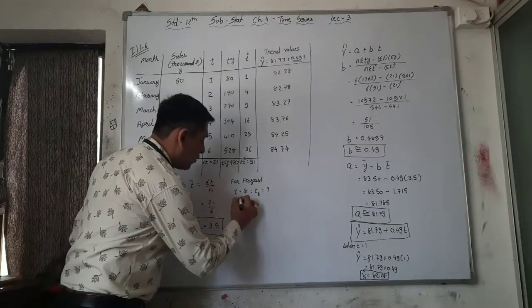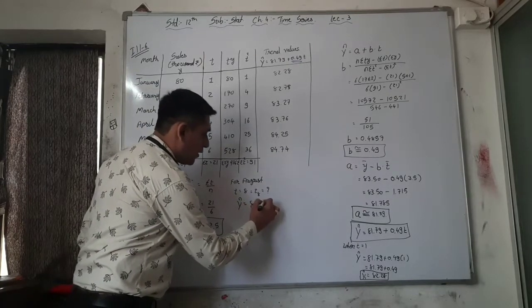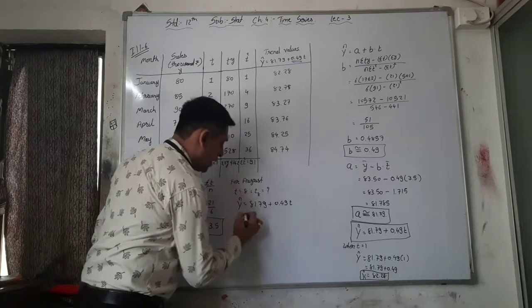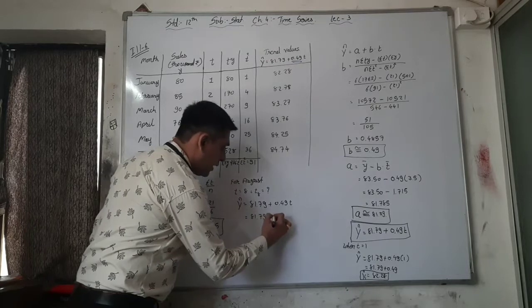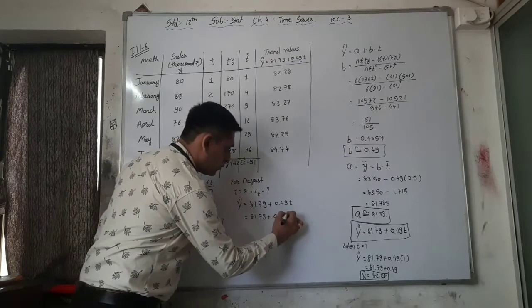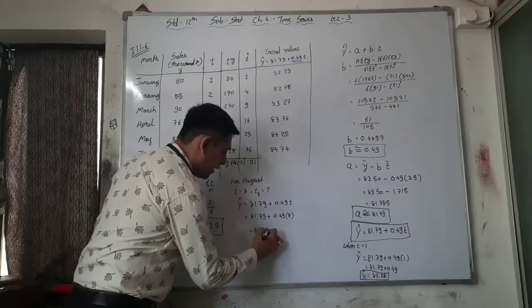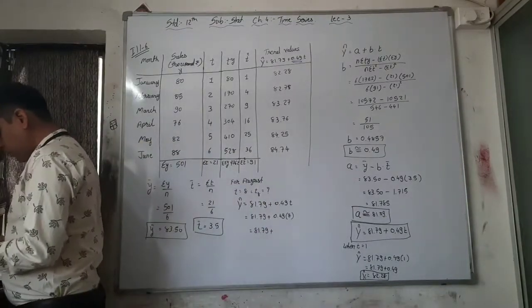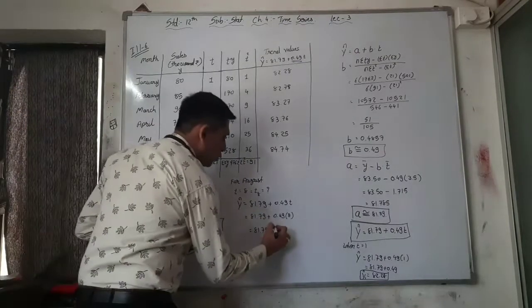So here we are putting in the values. Y cap is equal to 81.79 plus 0.49 T. Now we are putting T is equal to 8, 81.79 plus 0.49 into 8, 3.92.